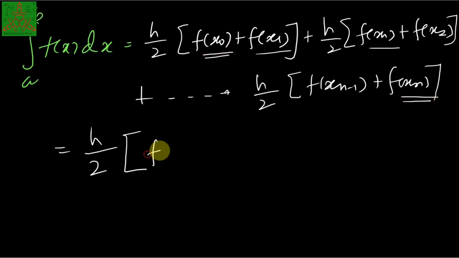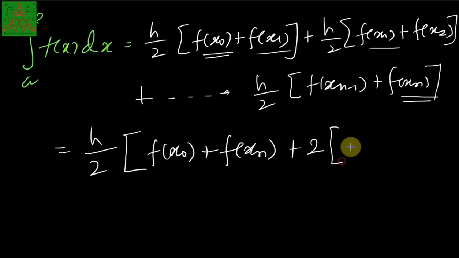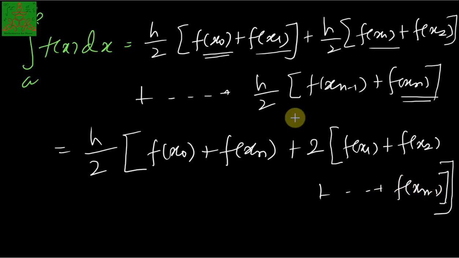So we can rewrite as f of x0 plus f of xn plus 2 times f of x1 plus f of x2 up to f of xn minus 1. So this will be the approximate area under the curve, and this is known as the trapezoidal rule.